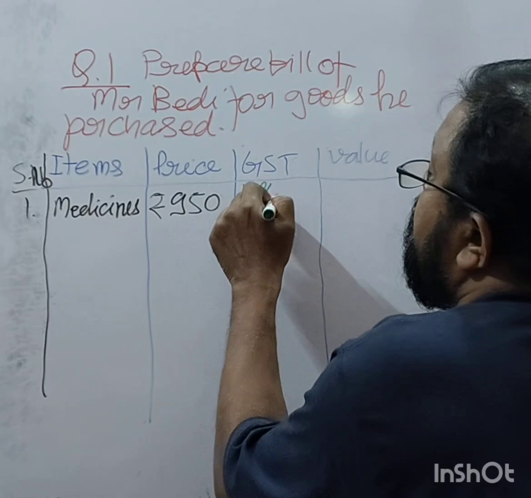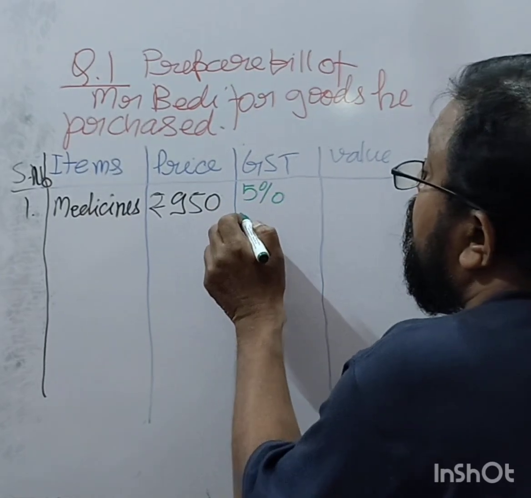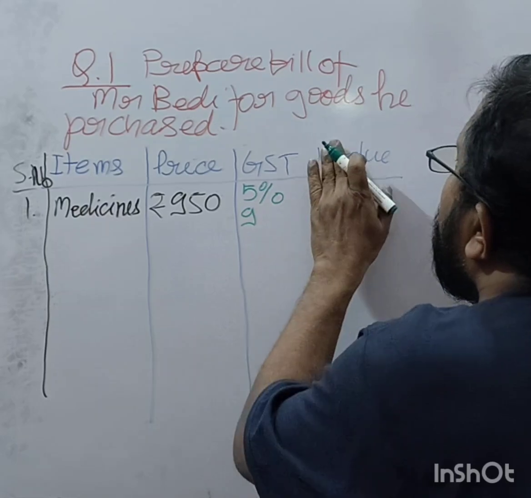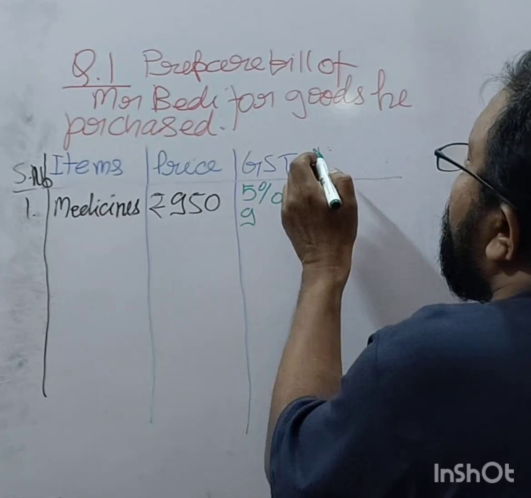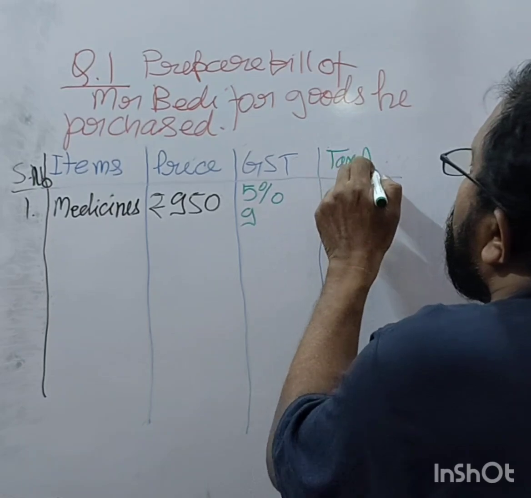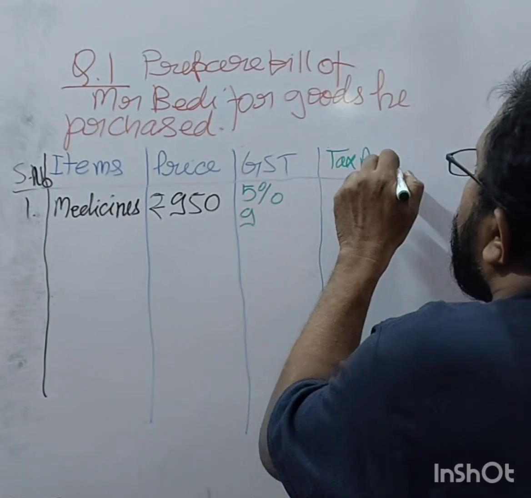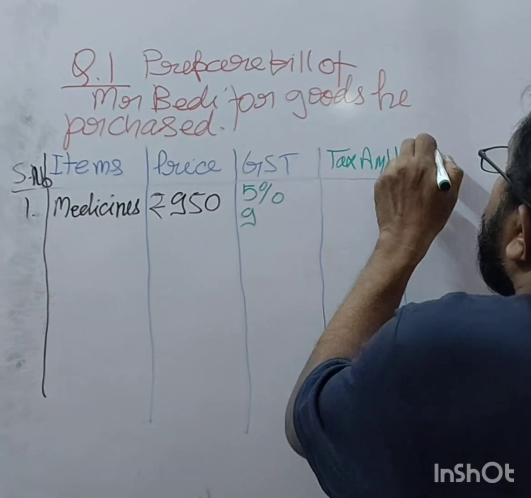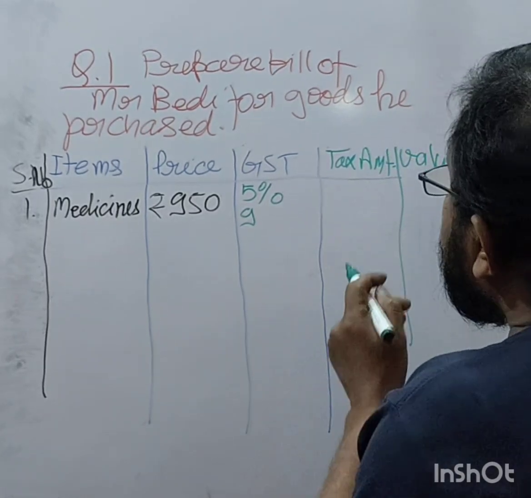So for 950, we will write here tax amount, and then we take value.